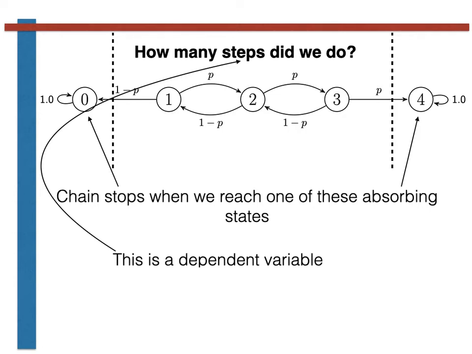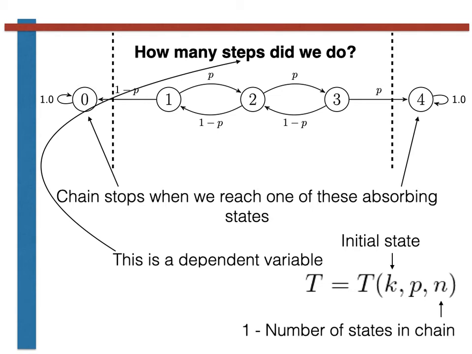In particular, this dependent variable t depends on the following three independent variables: the initial state, k, the probability of winning each of the individual games, p, and the number of steps in the chain, n.